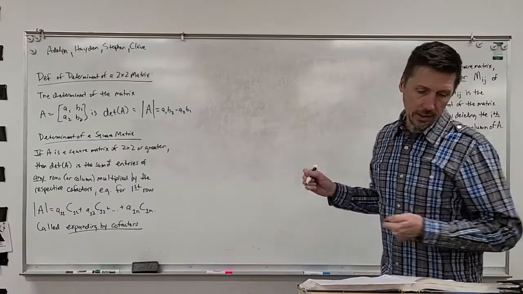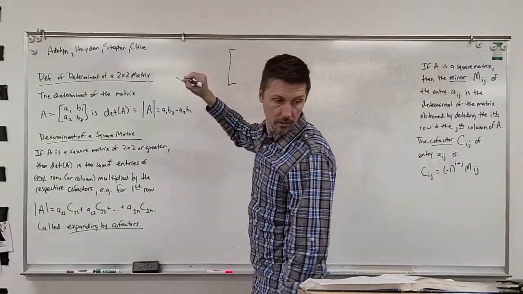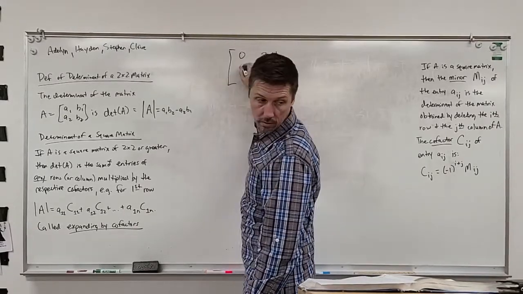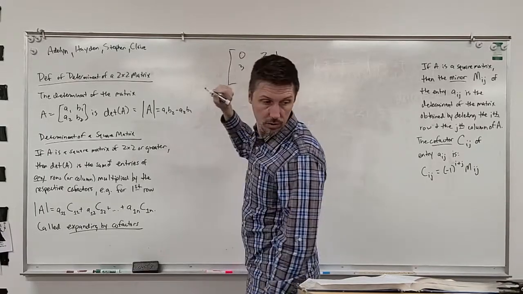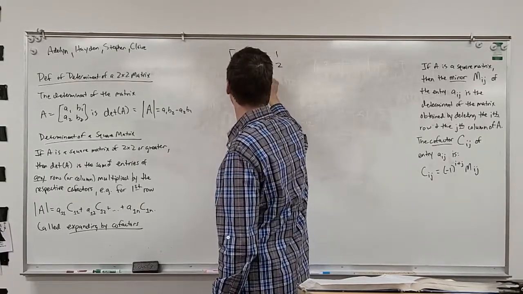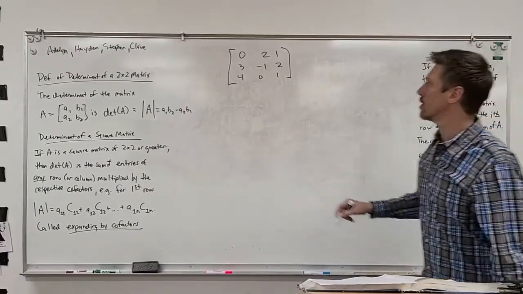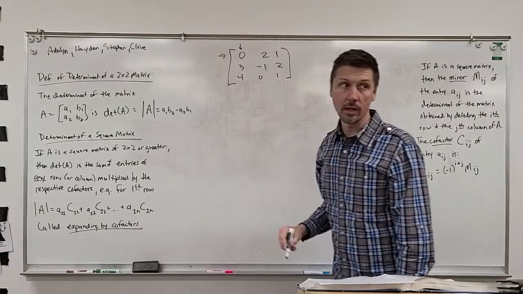So, like Hayden said, for this one here, where we had 0, 2, 1, 3, -1, 2, 1, 2, 4, 0, 1. All right. So for this one, in order to find the determinant, you're either going to want to use this row or this column, because it has a 0 in it, right?